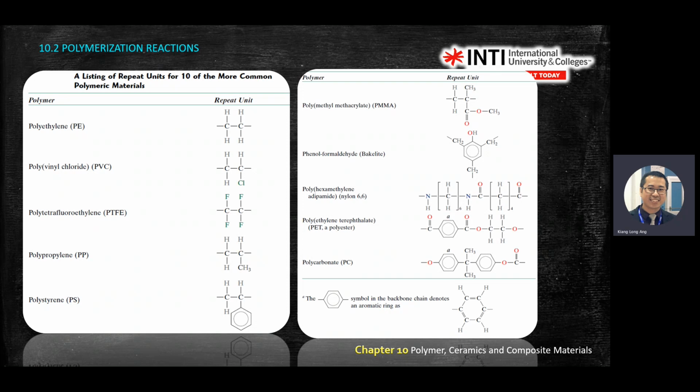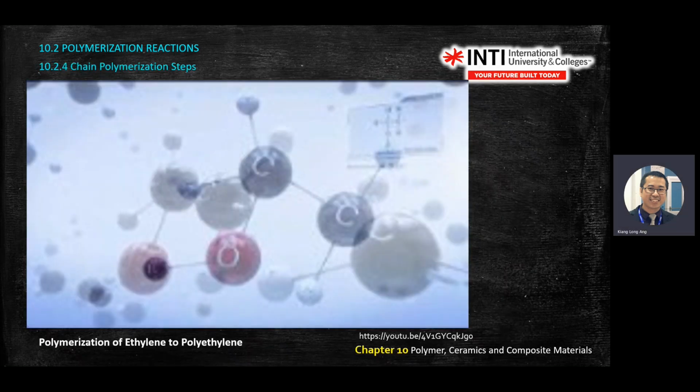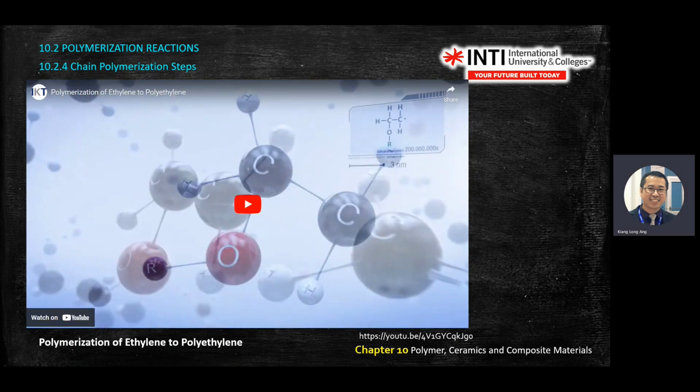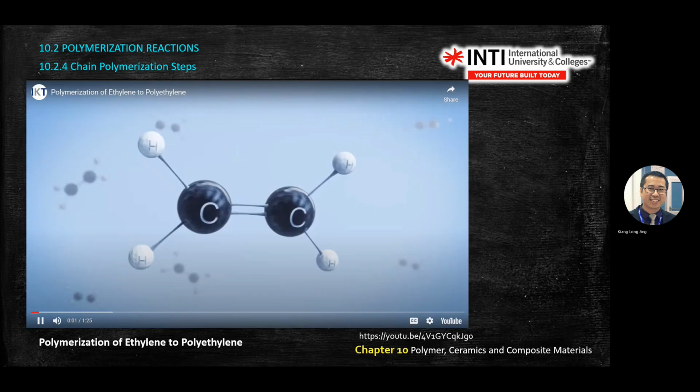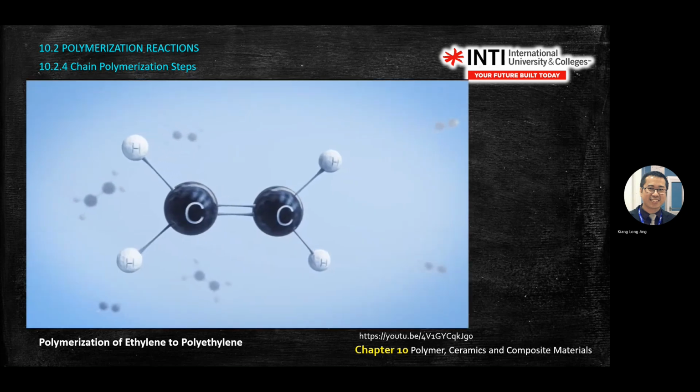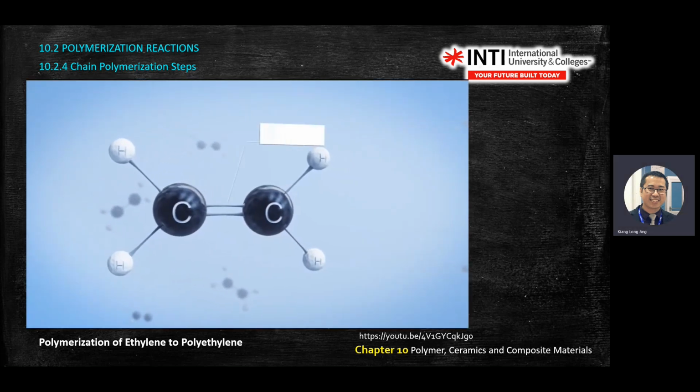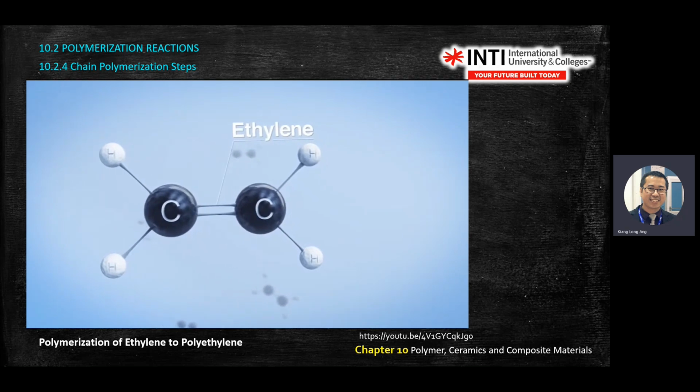And again, the phase diagram inside there only has the lever rule. So make sure you know. And then the earlier one is a percentage of weight or mass. Right. So this is an illustration extracted from YouTube. Maybe it helps you to visualize the process. This is ethylene, C2H4.